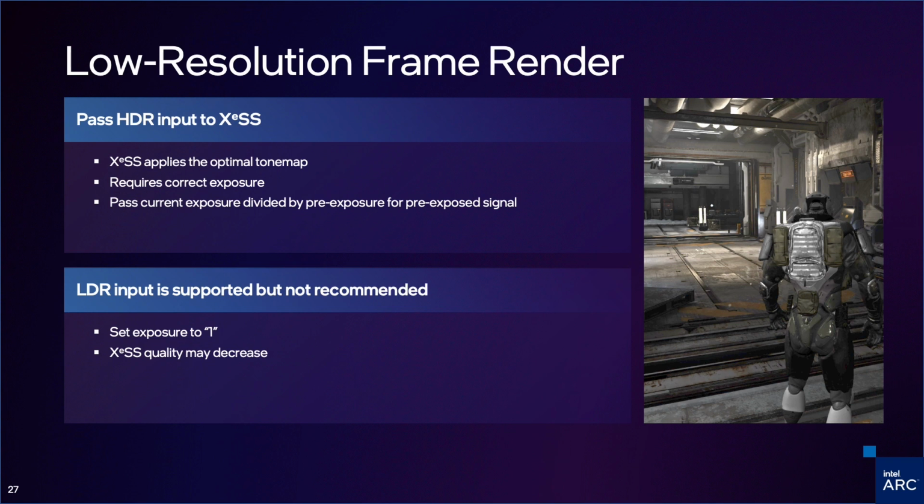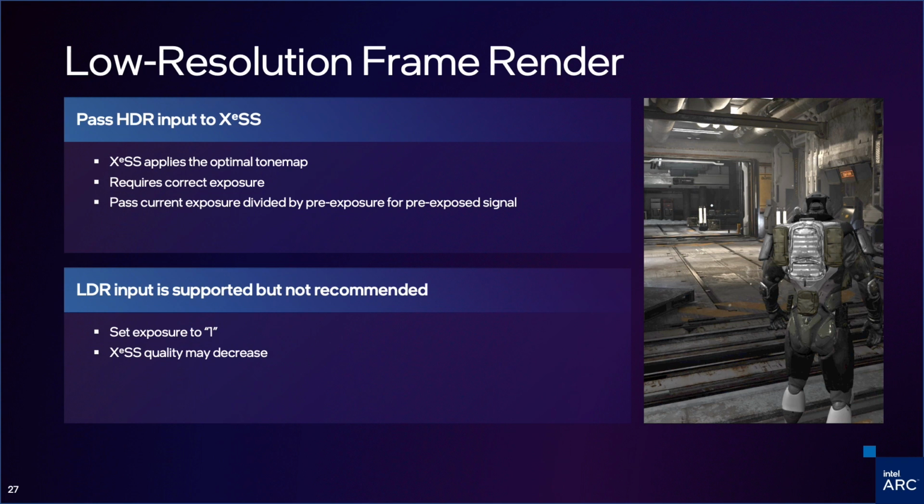The main input to XeSS is the low-resolution rendered RGB buffer, and we recommend passing HDR non-tone mapped input to XeSS to allow XeSS to apply the optimal tone mapping it was trained with. It's also important to pass correct exposure to avoid color overcompression during XeSS tone mapping due to too dark or too light input image.